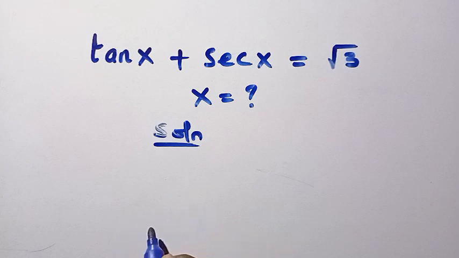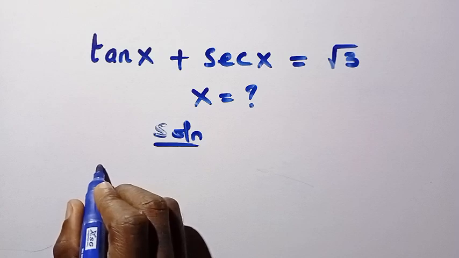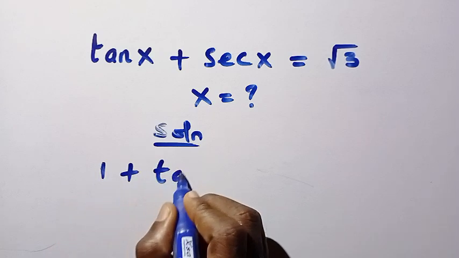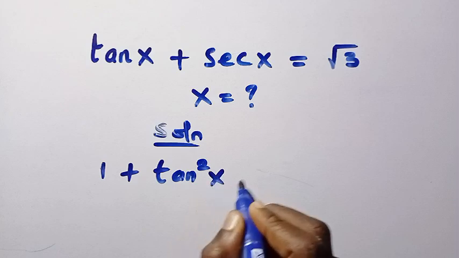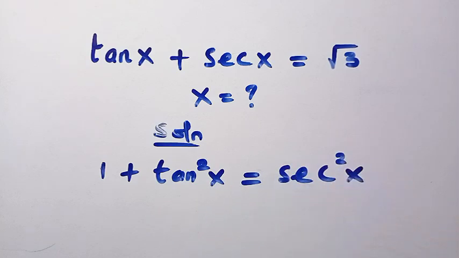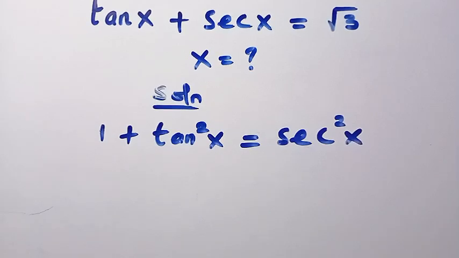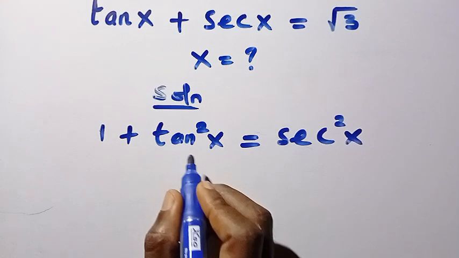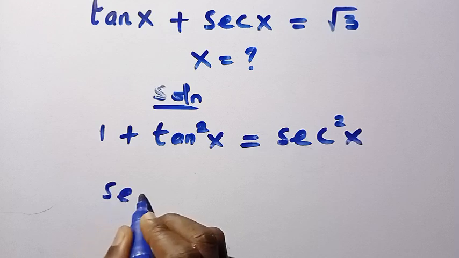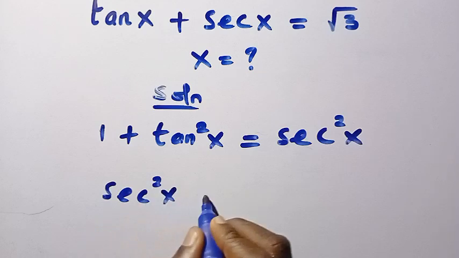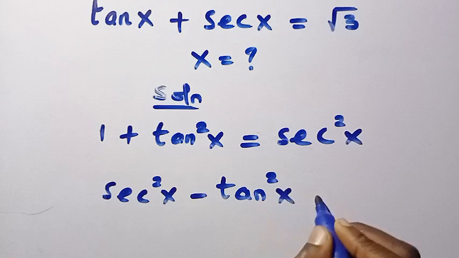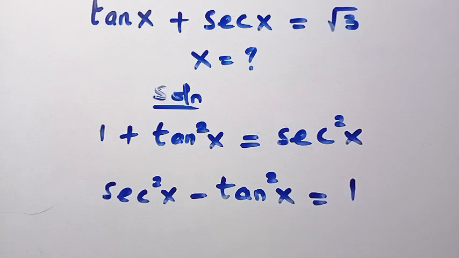Suppose we recall that 1 plus tan squared x equals sec squared x. After having this, let's transfer tan squared to the other side, so we have sec squared x minus tan squared x equals 1.